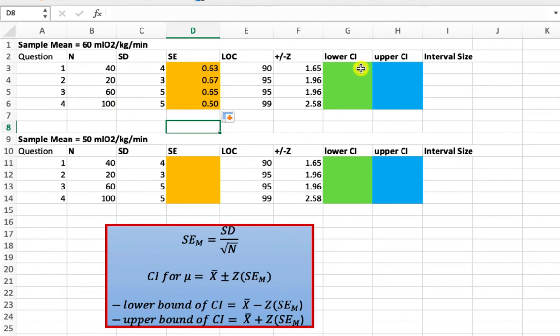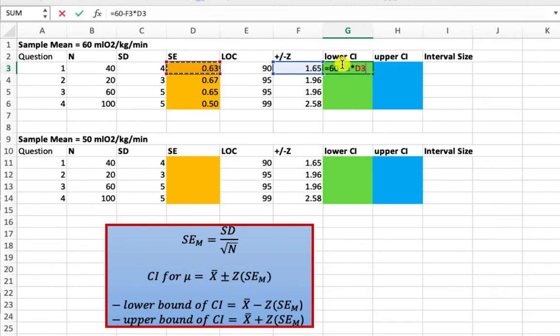From here we can then calculate the lower and the upper bounds of our confidence interval. For the lower bound, we're following this formula down here, so it's our sample mean, which we said was 60, so this is a constant. And then we do minus, because we're going below the mean, z times the standard error.